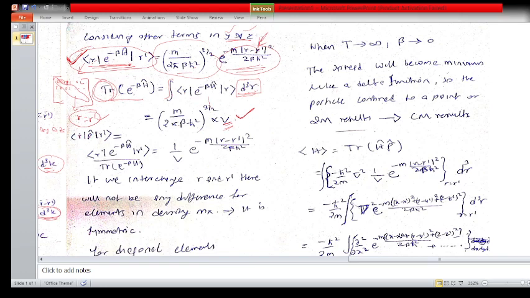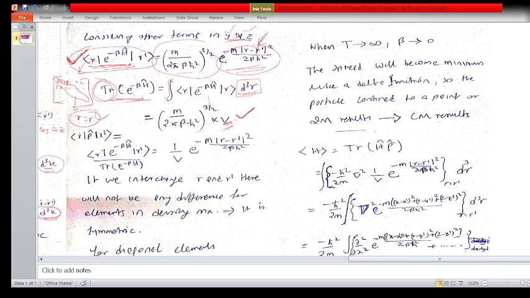And <r|ρ|r'>, now that is given by, so what is this? This is nothing but the trace of e raised to minus beta H. This is the matrix, all the elements of that particular matrix <r|e^(-βH)|r'>.